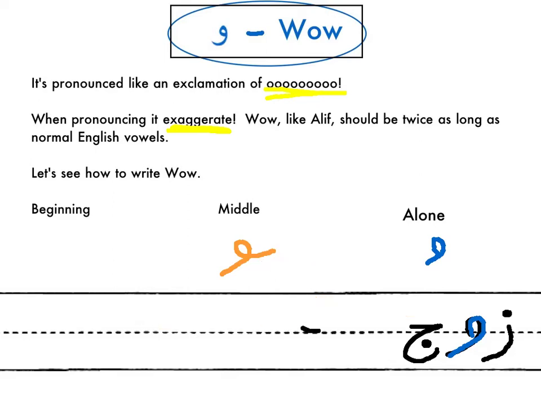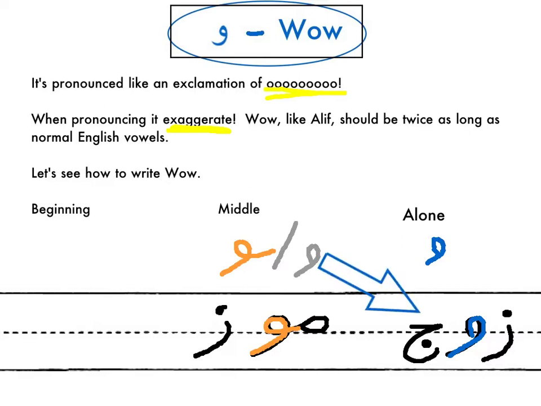Example, mouz, which means bananas. Note that waw can also be written independently in the middle of the word, as you can see in the word zawj.